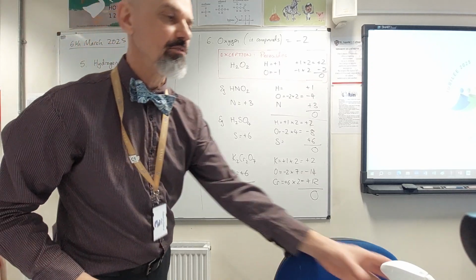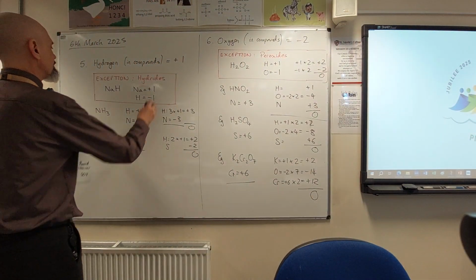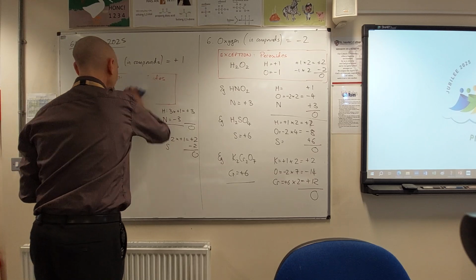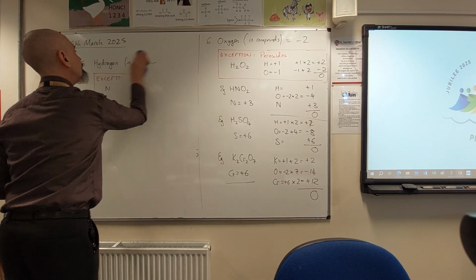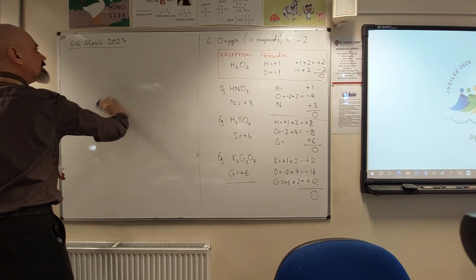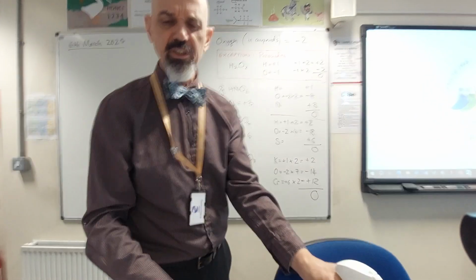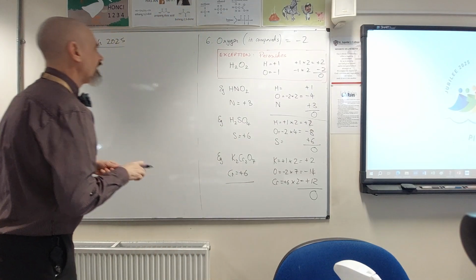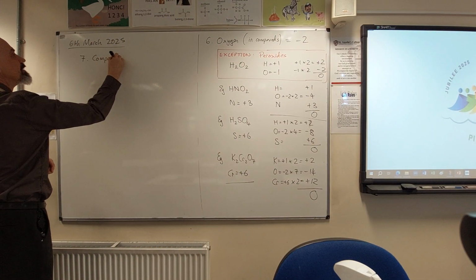There's one more rule. The last rule is really an extension of rule number 2 and rule number 4. It's where you've got a compound ion.